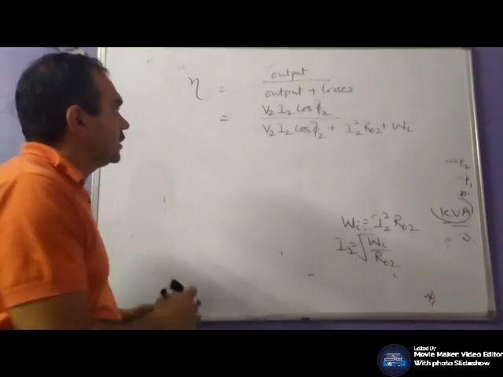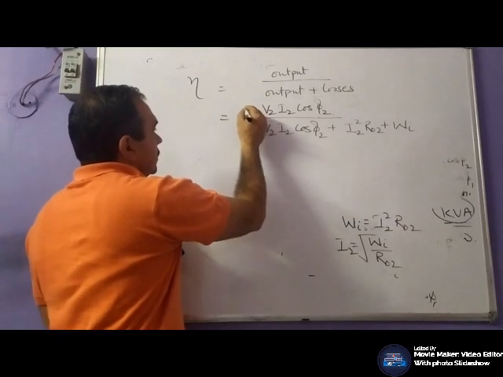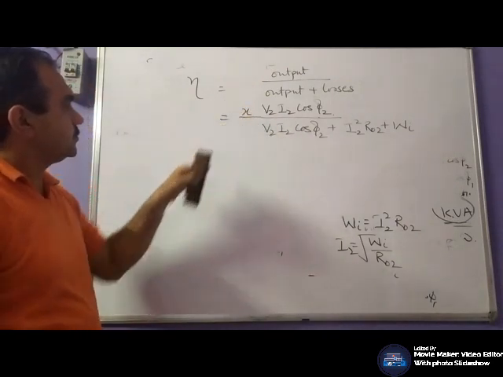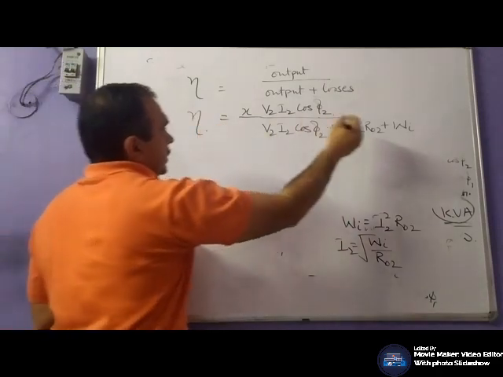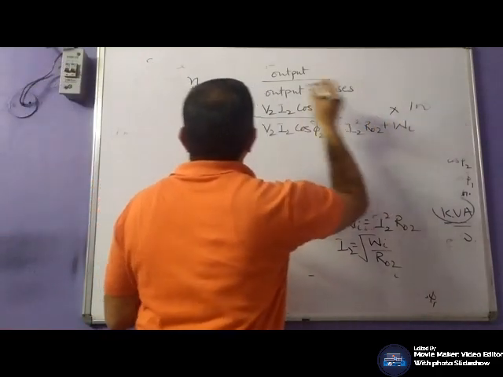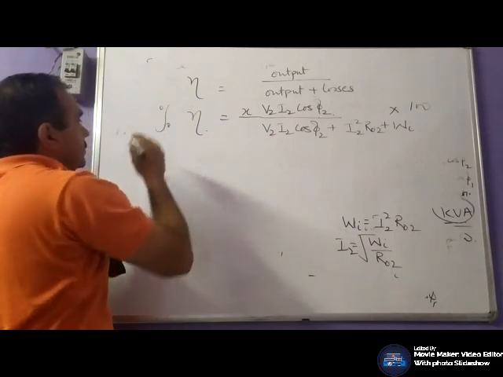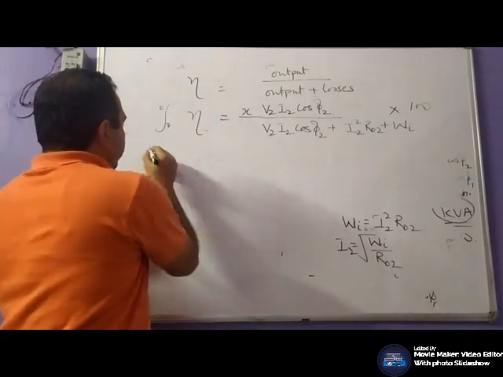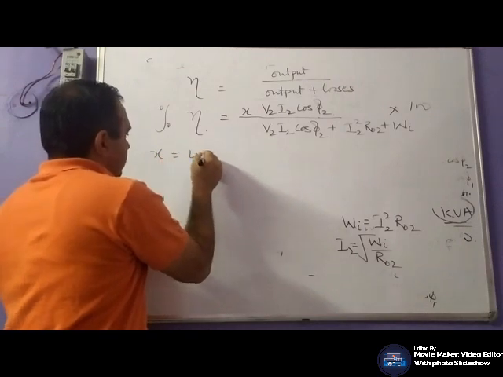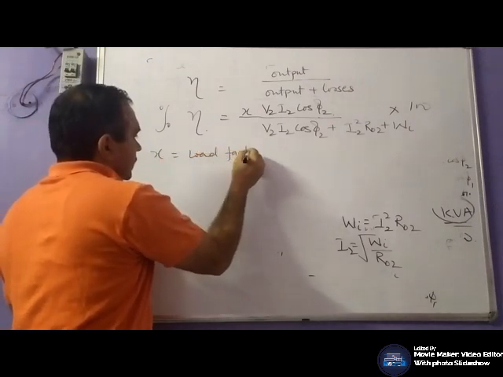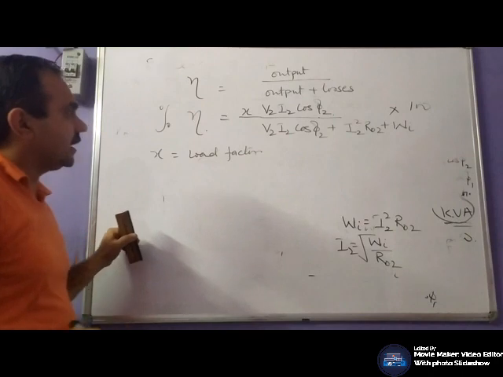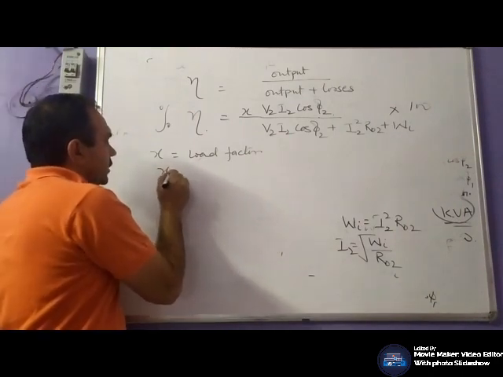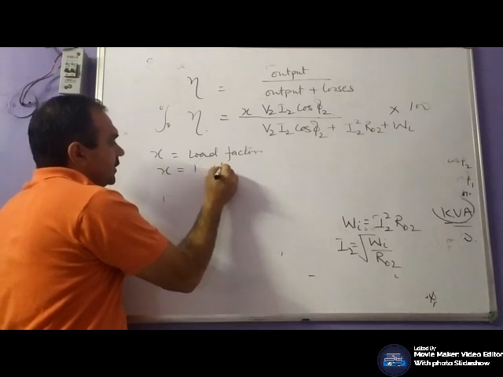For example, if the load is 50%, X times that, into 100 percentage efficiency. So this X is the load factor. And the load factor at full load, X, is 1.